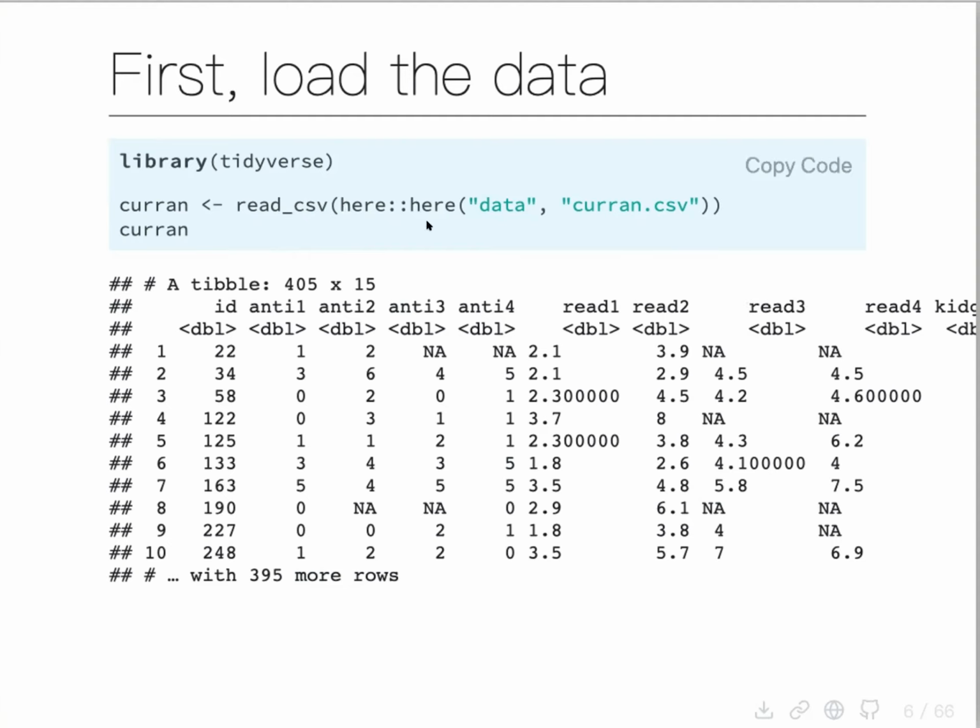This code here is called namespacing. Here is the actual package name, and then here is the function within the package. This is another way to access a function within a package without actually loading the package like I did up here with library tidyverse. And then what this is doing here goes to your project directory.